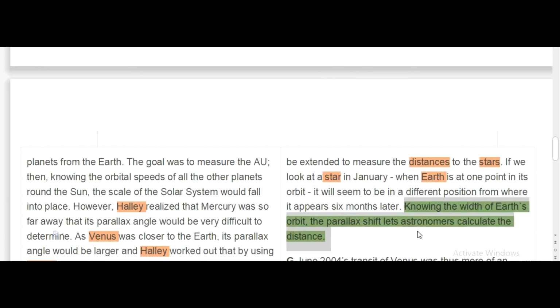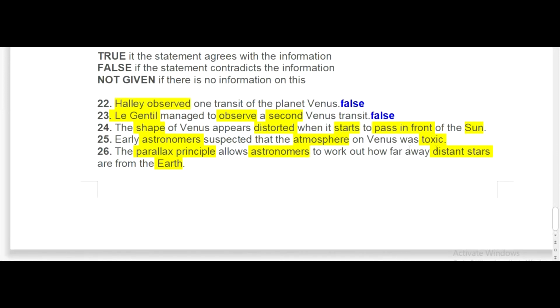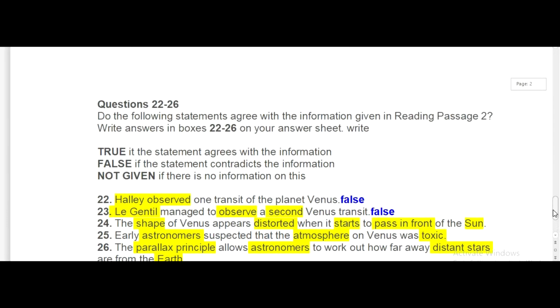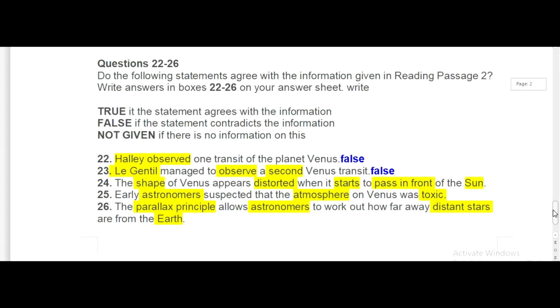So guys, I want you to compare this matching sentence with our question statement. So what do you think the answer is? Here it says that the parallax principle allows astronomers to work out how far distant stars are from Earth.